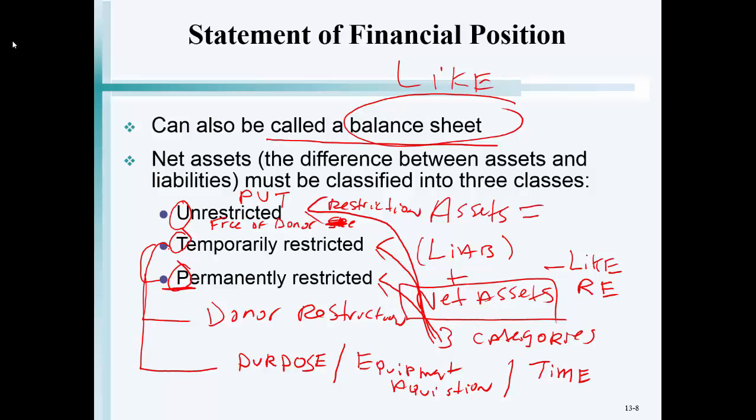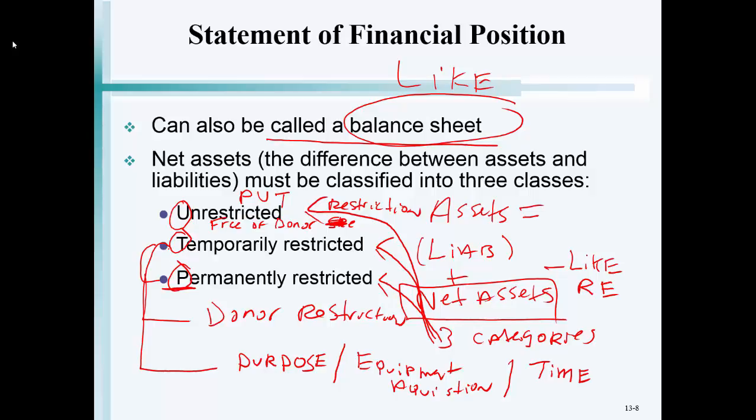Okay? So we have these three categories. And for our temporary, notice I've put down here purpose, equipment acquisition, and time as the nature of the types of temporary restrictions, right? Okay, so a lot of information on that slide.